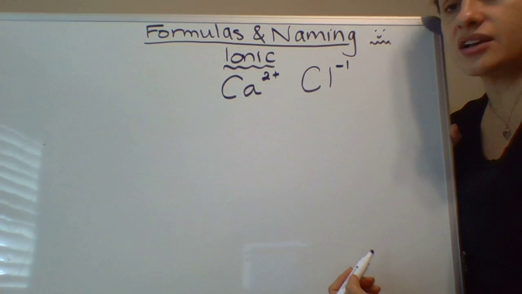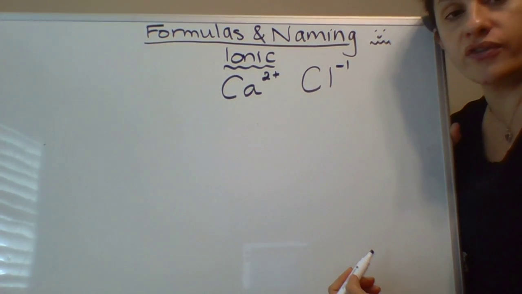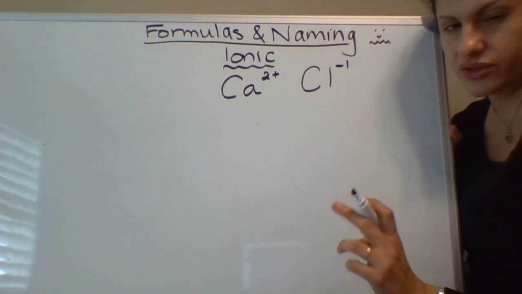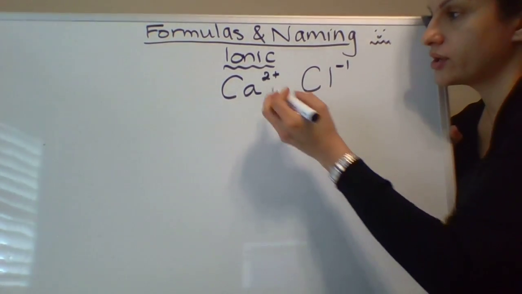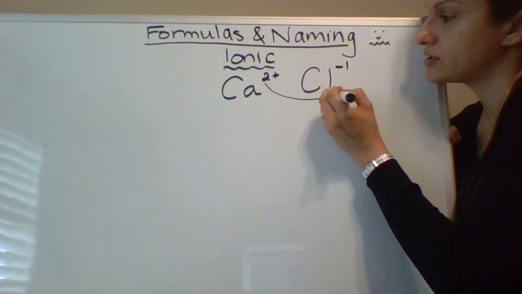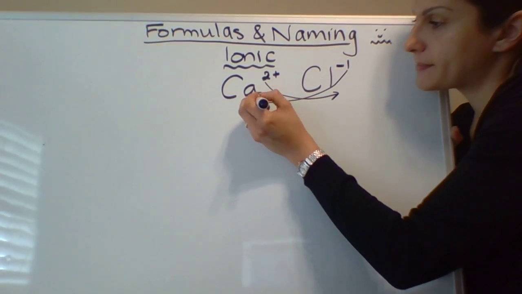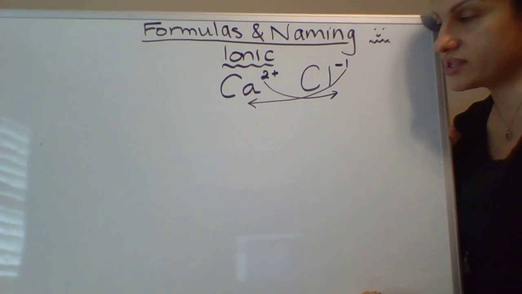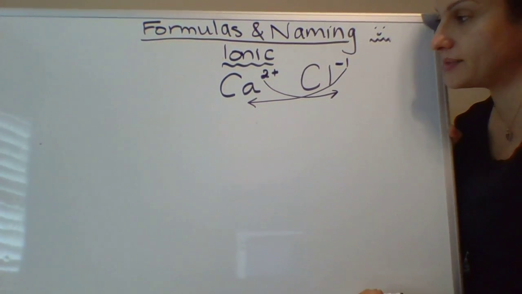Then you do something called the crossover method. You take the number, not the charge, the number, and you crisscross. And that tells you the subscript of each element.